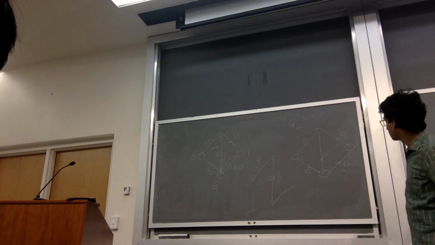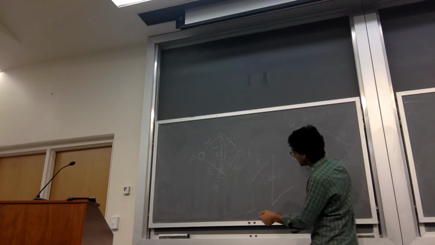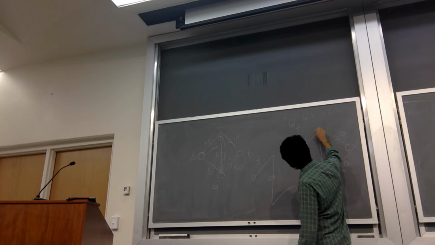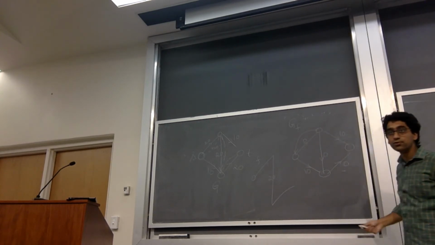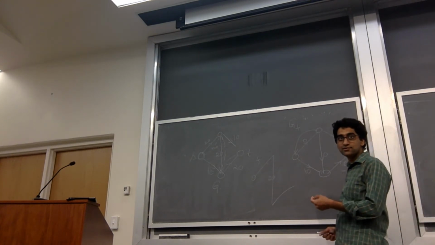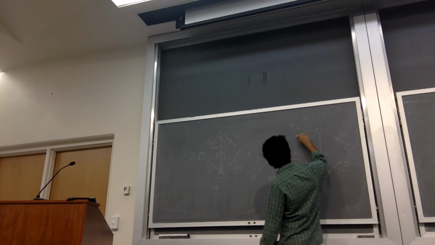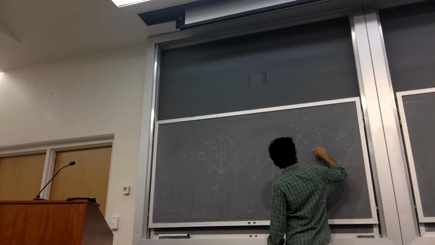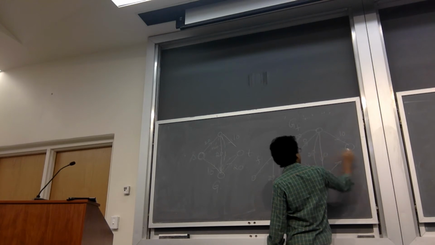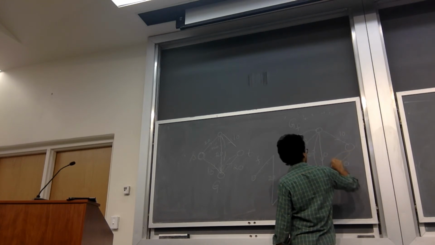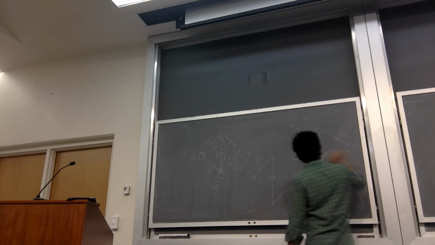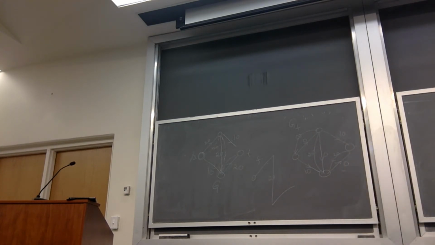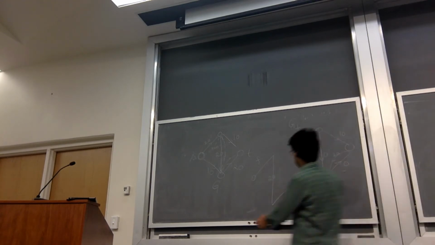Okay, so this is what you have. Now additionally, you put backward edges wherever you've routed flow. And the backward edges have capacity equal to the amount of flow you've routed on that edge. So this would be 20, and this would be 20. So you add backward edges.